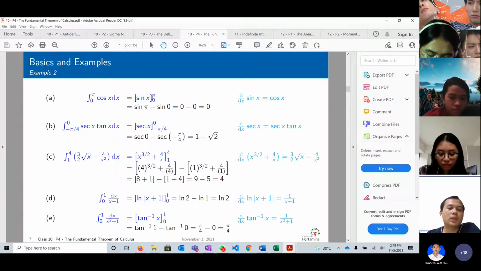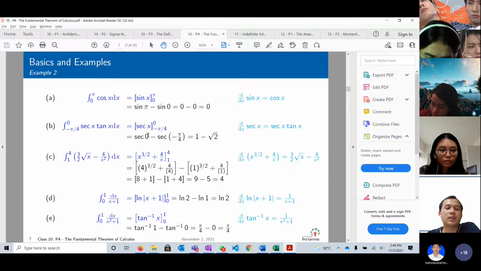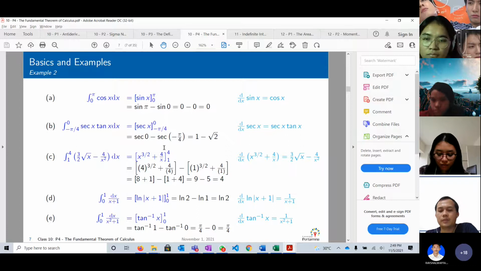We evaluate from 0 to pi, and we put sine of pi minus sine of 0. Also with secant x tangent x, we know that the integral is secant of x. Then we just put the interval like that. Yeah. For this example, any question?